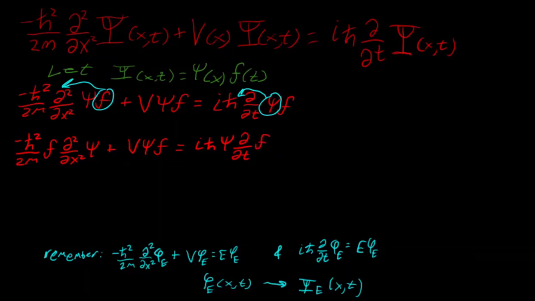Okay, so now our next step is dividing this whole equation, every term. Remember, we have to divide this term and this term and this term, all by psi times f.